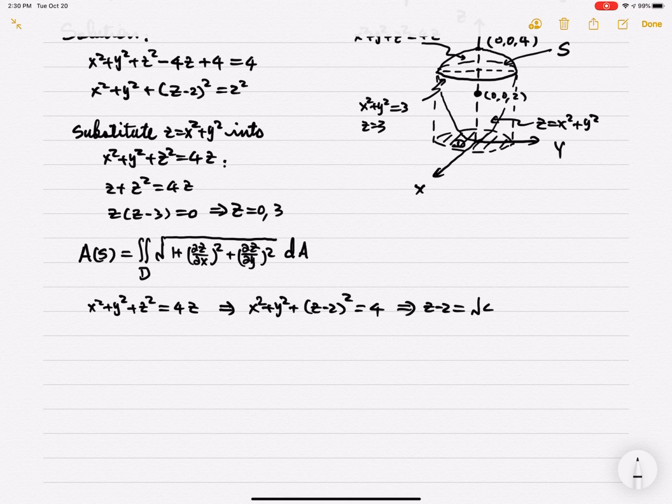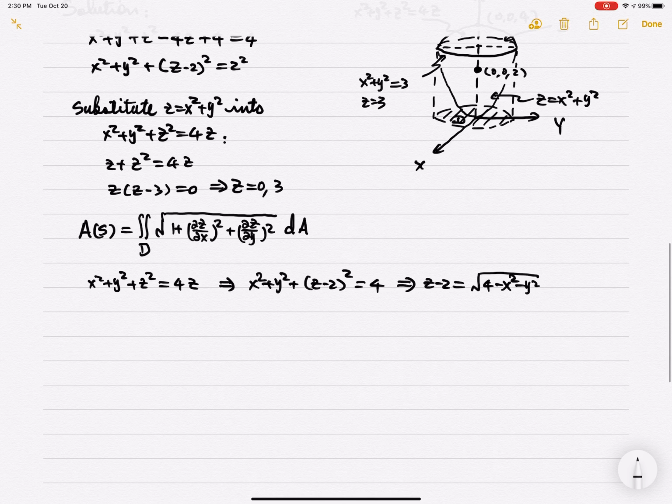So z minus 2 is equal to the square root of 4 minus x squared minus y squared. So the equation of this surface is z equal to 2 plus root 4 minus x squared minus y squared.